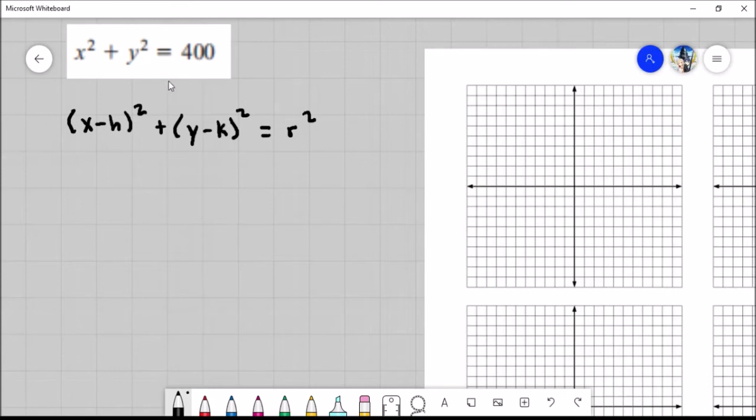And when we take the square root of 400, we get 20. So the center for our problem is at the origin, the point 0, 0, and the radius is a length of 20 units.